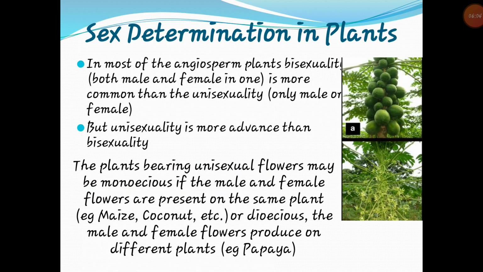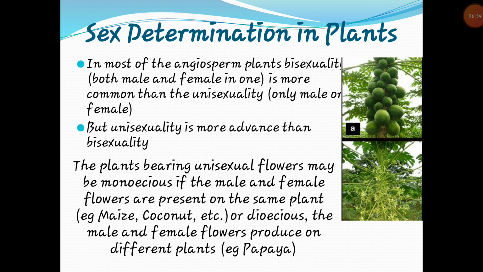Then next is sex determination in plants. Most angiosperm plants are bisexual, with both male and female in one, which is more common than unisexuality, only male or female. But unisexuality is more advanced than bisexuality.